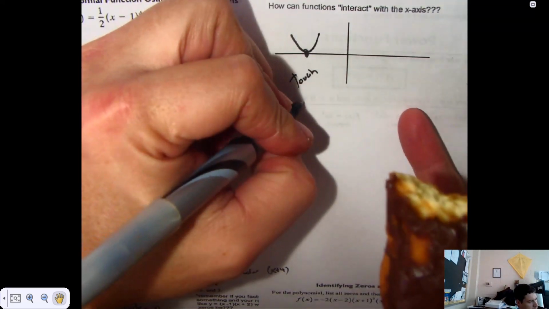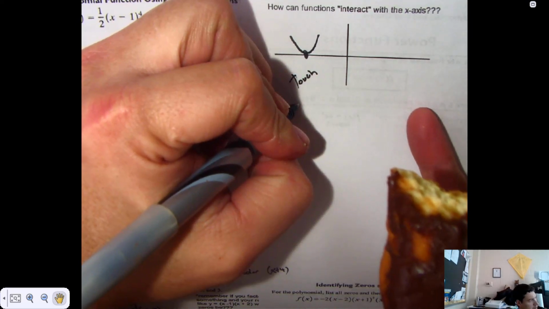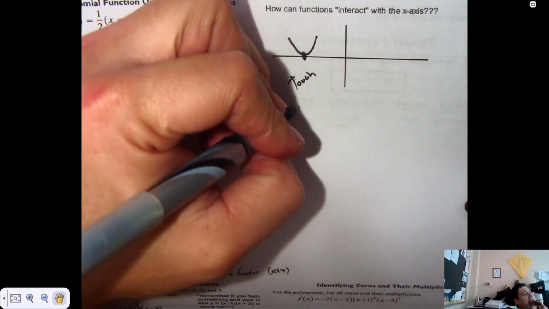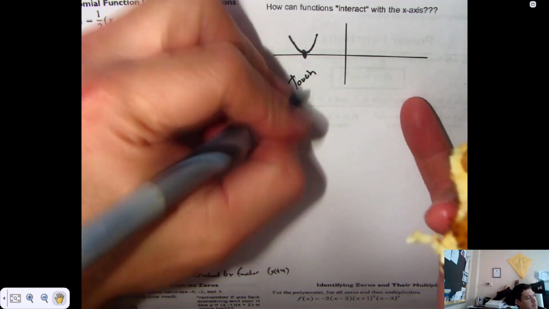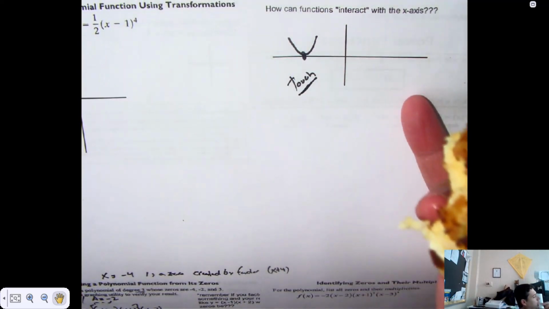How many times did it happen? Did I not talk about its multiplicity? X equals 1 crosses, and x equals -1 and x equals 3 are touches.